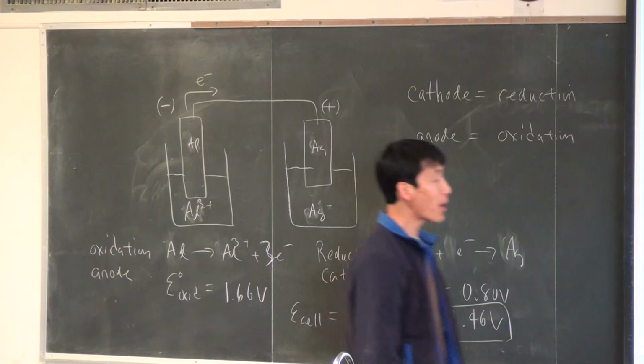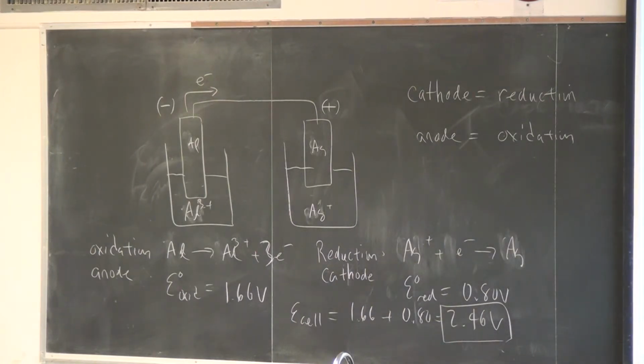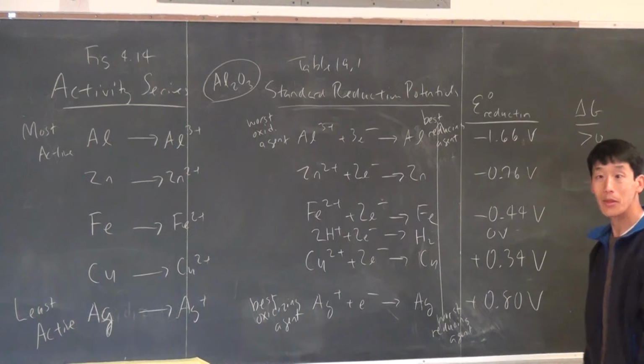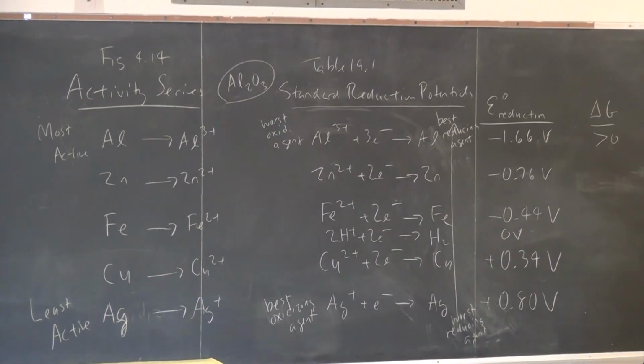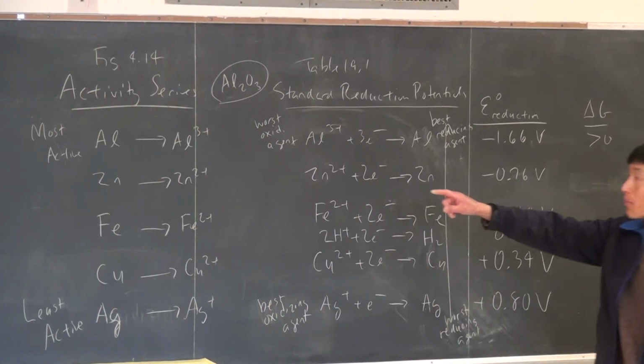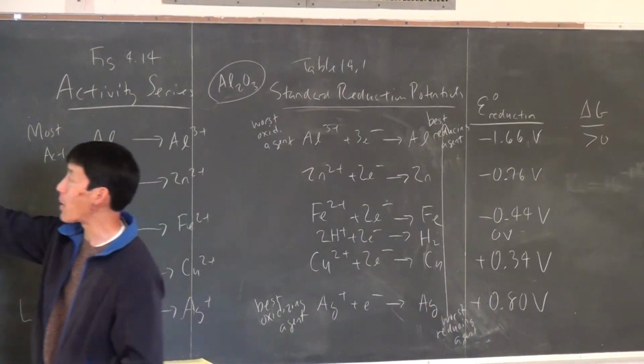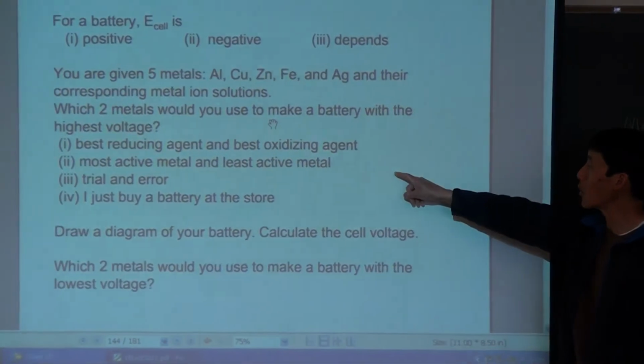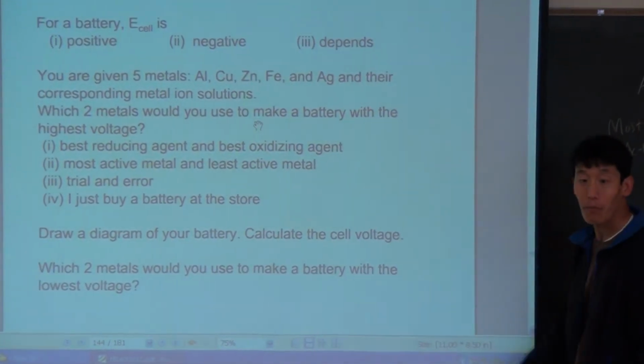So note again, if you want to make the highest voltage battery, use the metals which are farthest apart on the table. Does that mean that 1 and 2 are the same thing, because the most active is the reducing agent? Yeah, like Myra says, 1 and 2 are the same thing. The best reducing agent, best oxidizing agent, or the most active agent, that's the same thing.